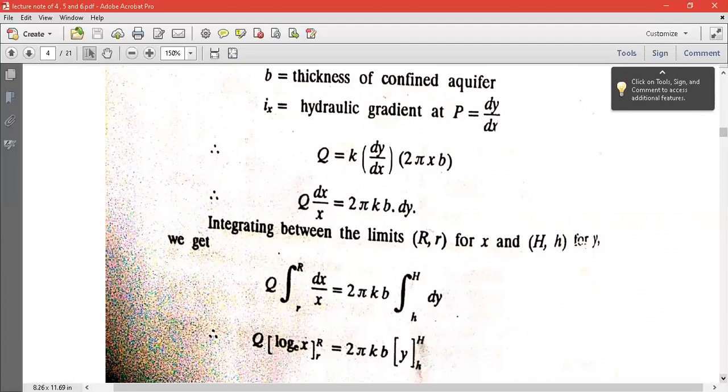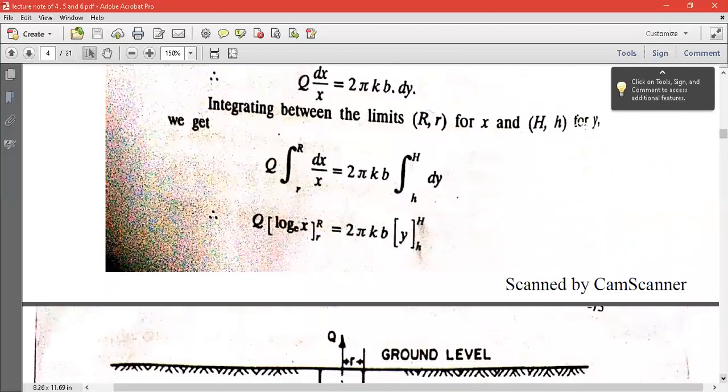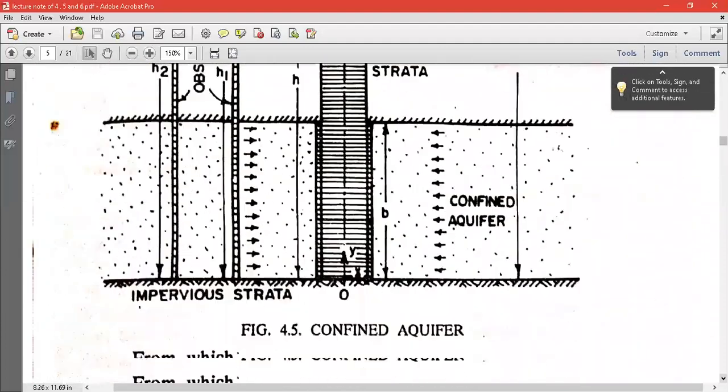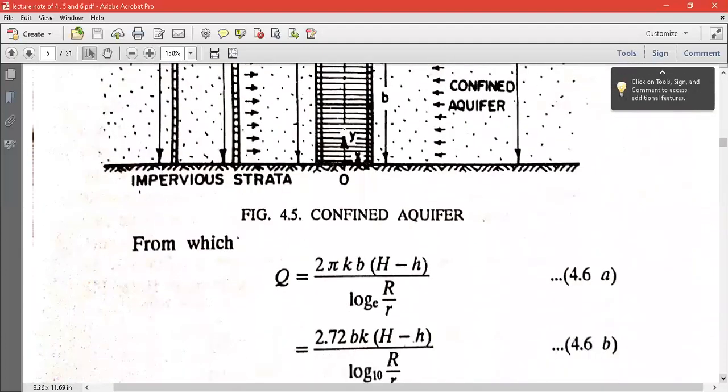After the integration, let me come to the derived formula: Q equal to 2 pi kb into (capital H minus small h) by log e (capital R by small r).